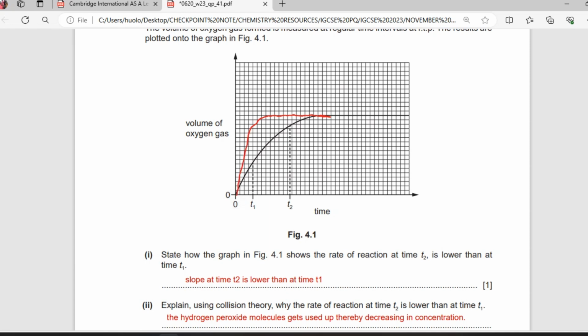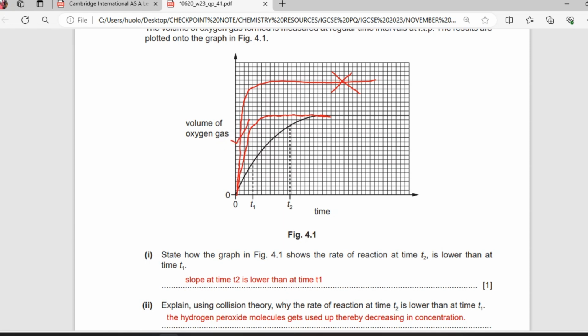And okay, so that's what you expect. Now if you have drawn a graph and come like this and do something like this, it is wrong, because this will mean that you have different volume of gas. So this is wrong, but we'll give it to you for the fact that you have a steeper slope.